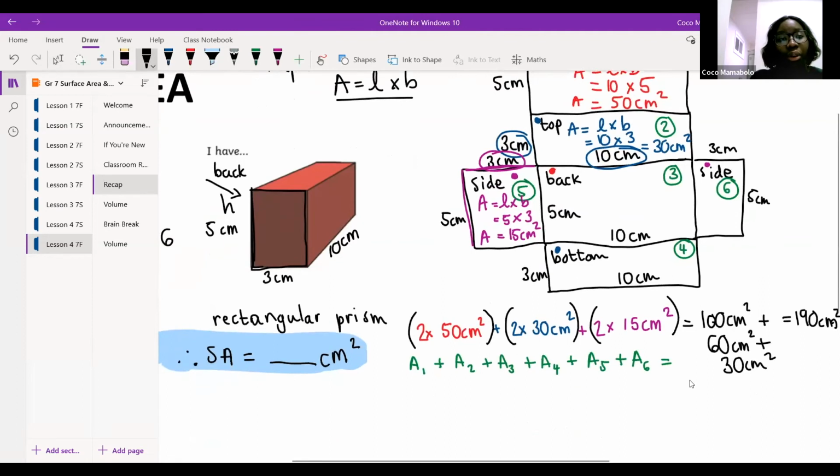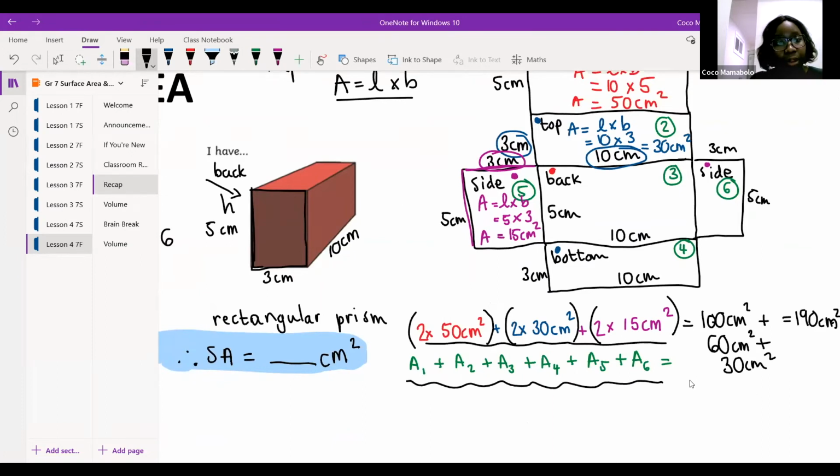If you use this method over here, you're going to get the exact same answer that we got over here. But you get to choose which one you are more comfortable with. You can choose between the two.